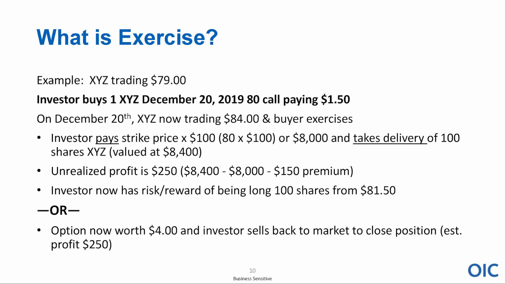Well, if I sell the option for, let's just say $4 to keep it as a nice round number, I have nothing, right? I bought the option for $1.50. I sold the option for $4. So at the end of the day, I have no stock position. I paid $150. I collected $400, and I made $250 before any transaction costs. This is what most investors do.